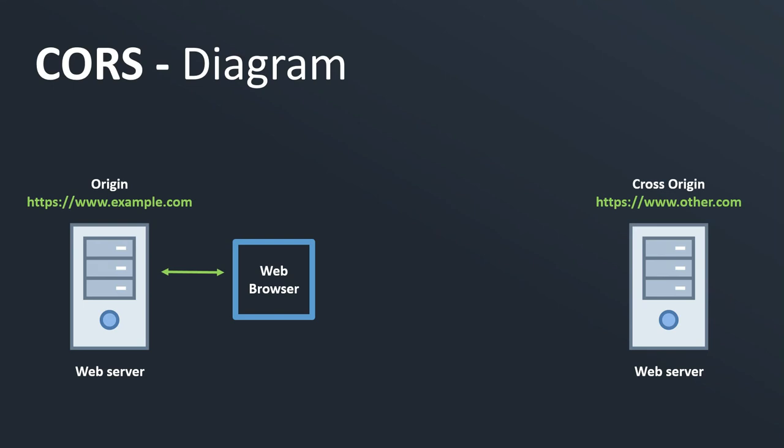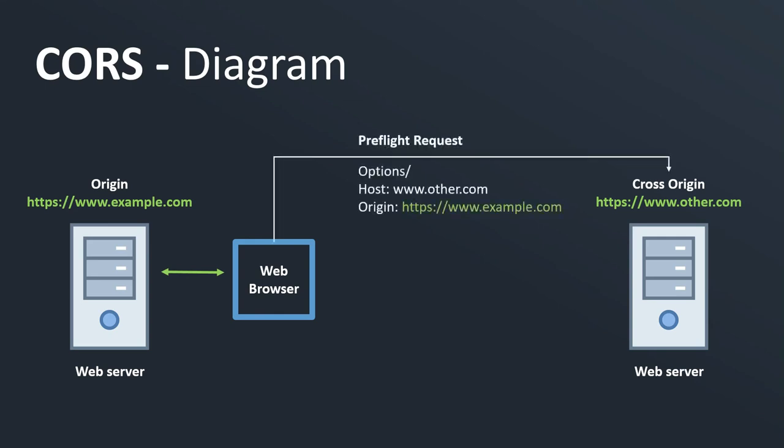And there is a second web server called a cross origin because it has a different URL, which is https://www.other.com. So a web browser visits our first origin and it's going to be asked for the files that are uploaded from the origin to make a request to the cross origin.